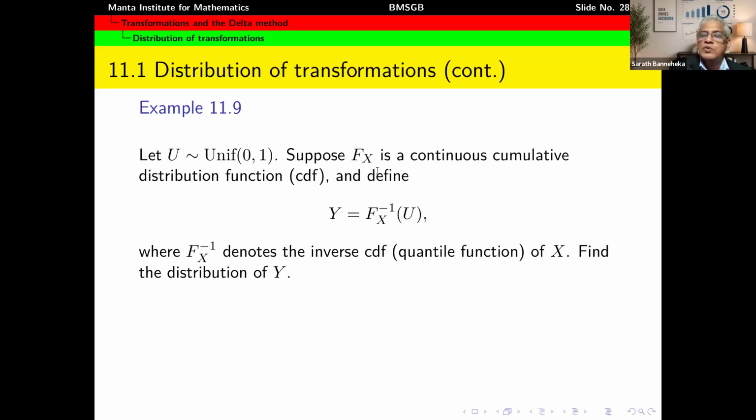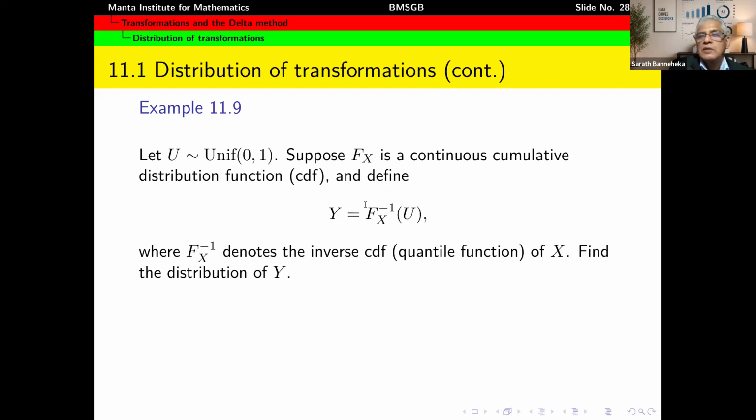Once you know the cumulative distribution function, of course, you can get the inverse cumulative. As far as R commands are concerned, the cumulative distribution function can be calculated using names starting with P, like pnorm, pexp, pgamma, and so on.